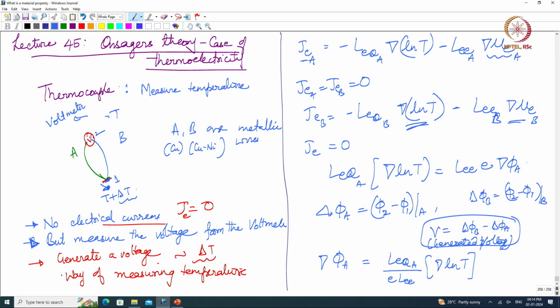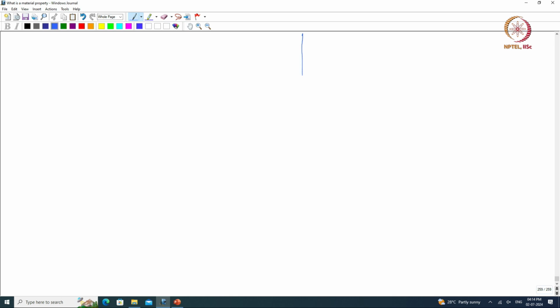If I actually integrate this, delta phi A will be equal to L_EQ,A by L_EE,A times the integral of the logarithm, which gives ln of (T plus delta T) by T. I am integrating both sides with respect to the corresponding length.